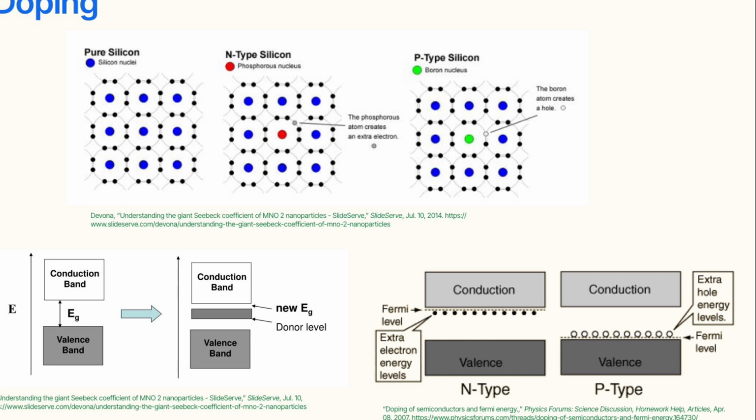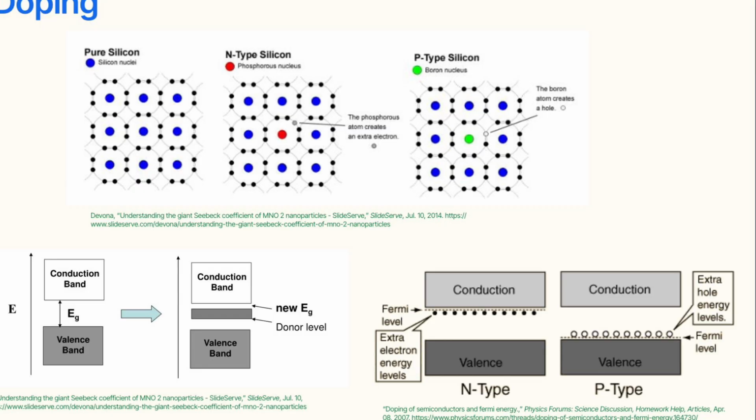Now, if we instead replaced a silicon atom with a boron atom that has 3 valence electrons, then those 3 electrons would covalently bond, but there would be a vacancy or hole where the 4th electron is missing. This acts as a mobile, positively charged electron and can switch places with neighboring covalently bonded electrons, resulting in the boron being negatively charged.